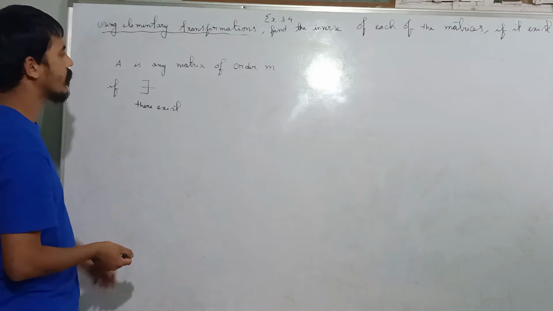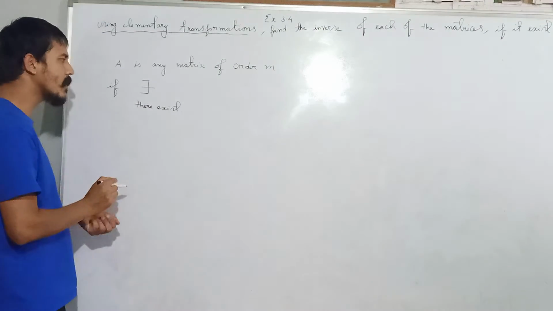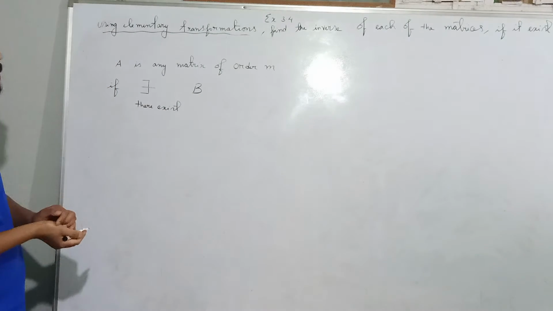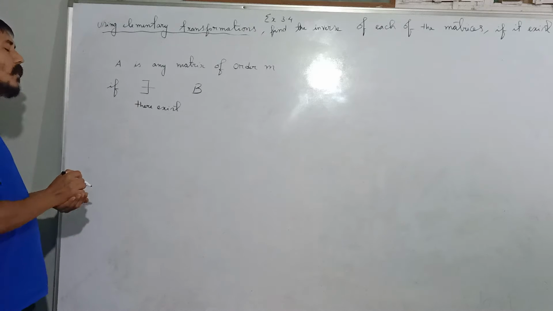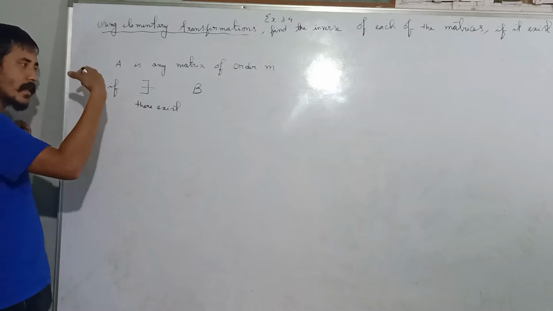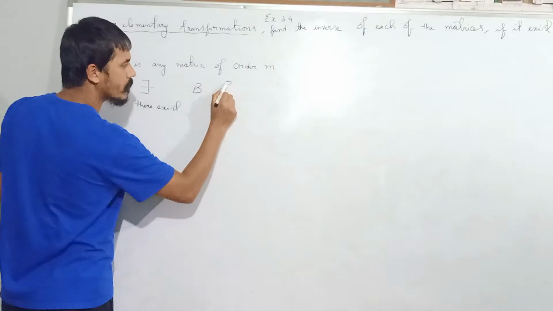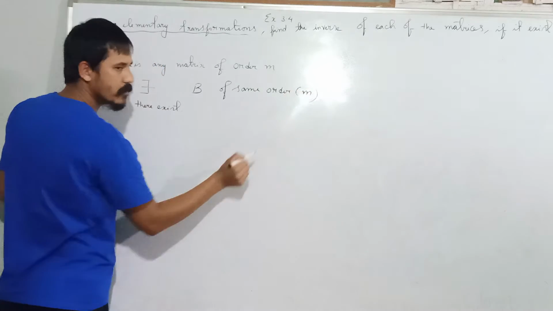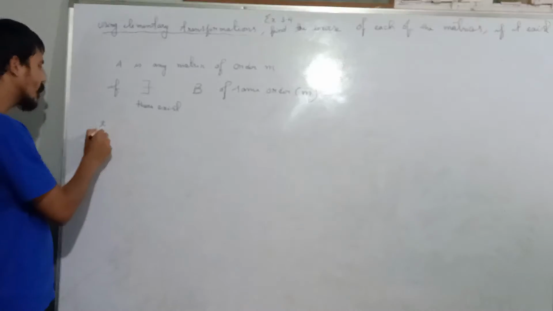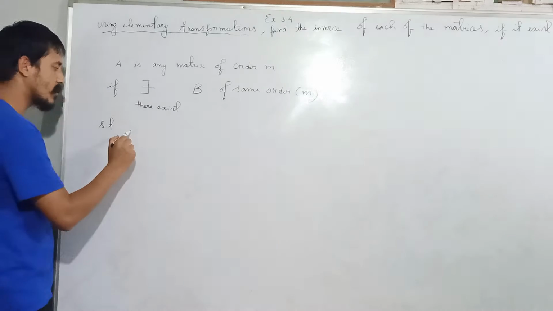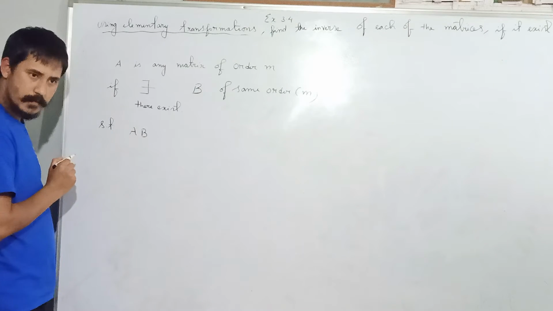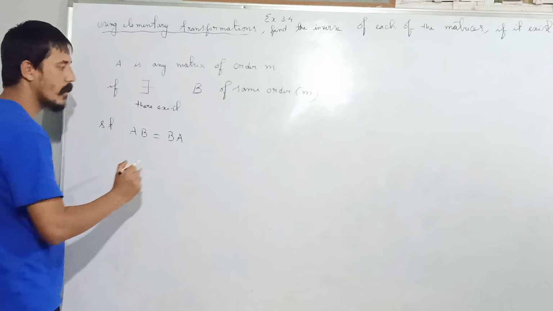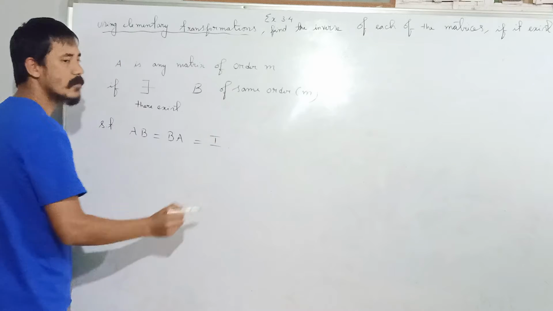So suppose A is any matrix of order M. Now if we can find, or if there exists another matrix B of same order, means order should be M, such that it satisfies this condition: A times B is equal to B times A, and it is equal to your identity matrix.